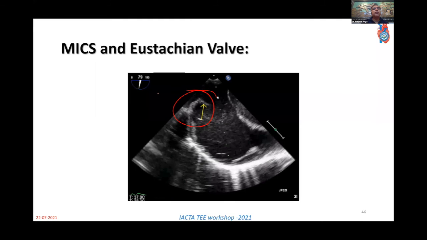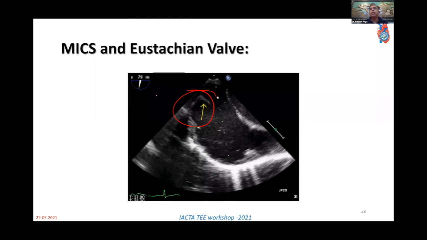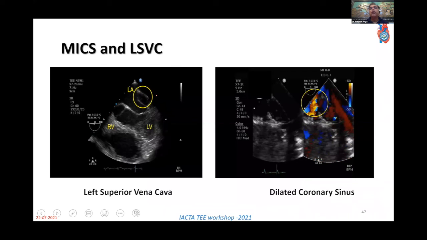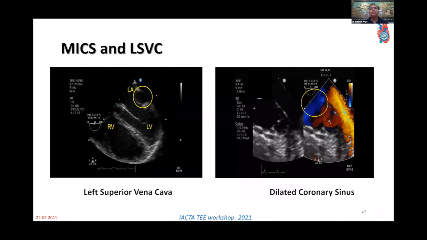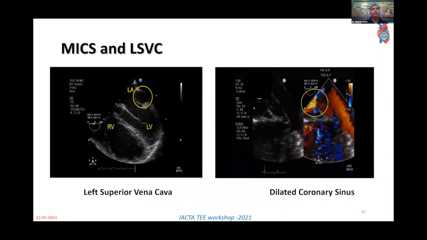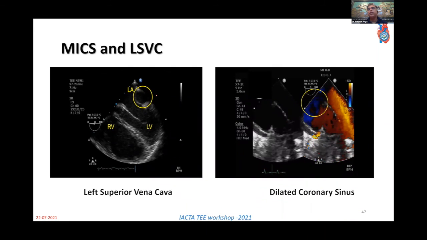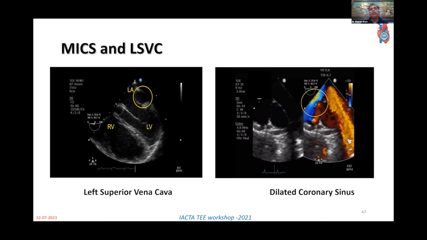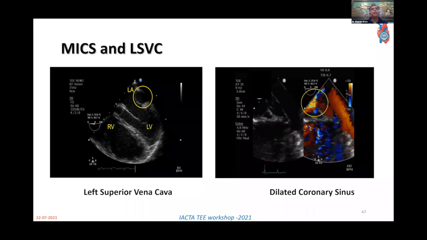Same way, if there is presence of LSVC, as you can see in the yellow circle, the LSVC presence will not allow a blood-free field for the surgeon. So they need to put an extra cannula in the LSVC. Or if there is a dilated coronary sinus, then the coronary sinus cannula placement may be difficult.